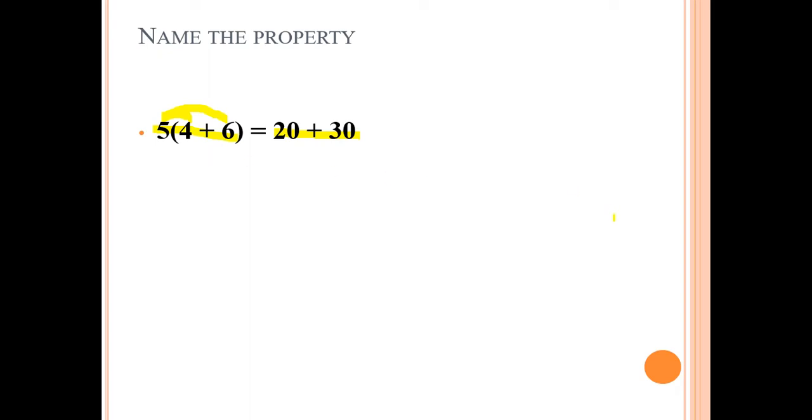So this is just called distributive property because we're distributing that 5 to both the 4 and the 6. Because 5 times 4 gives us this 20, and 5 times 6 gives us 30. So this whole thing together is an example of distributive property.